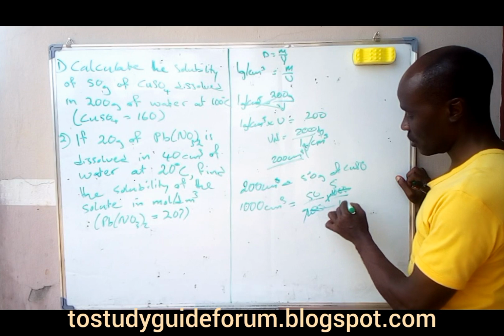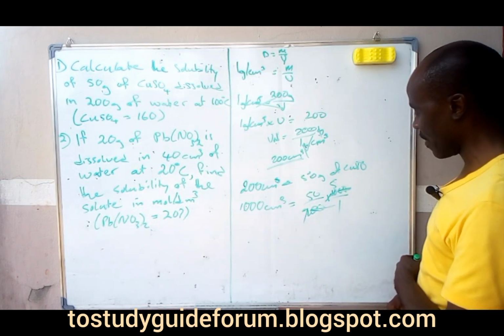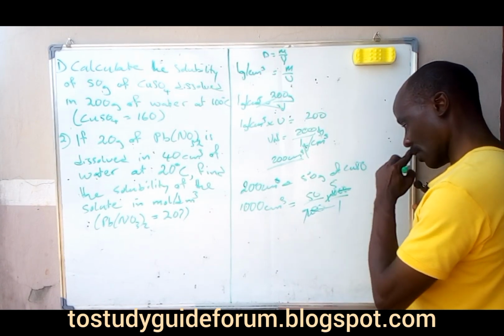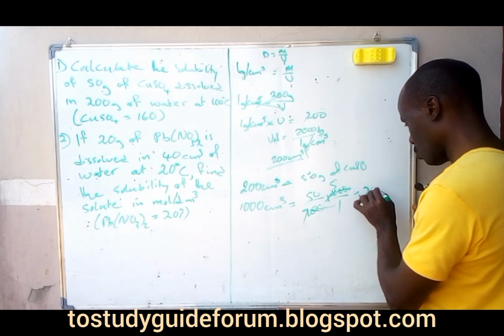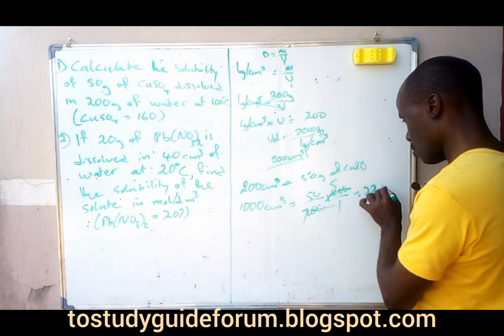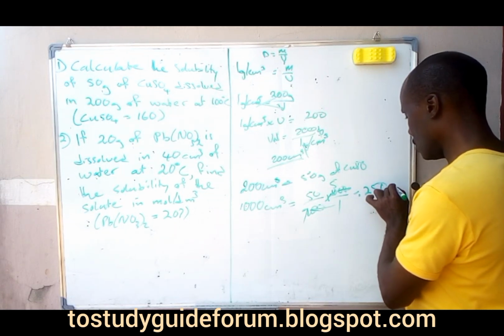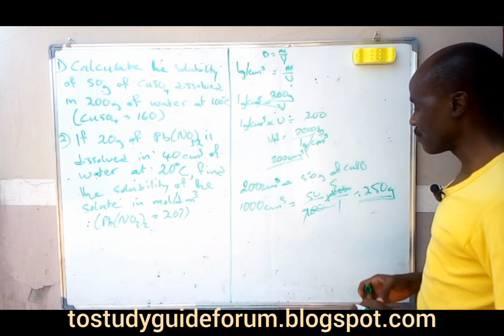The two zeros cancel out, and that gives us 5. Then 5 multiplied by 50 gives us 250 grams.